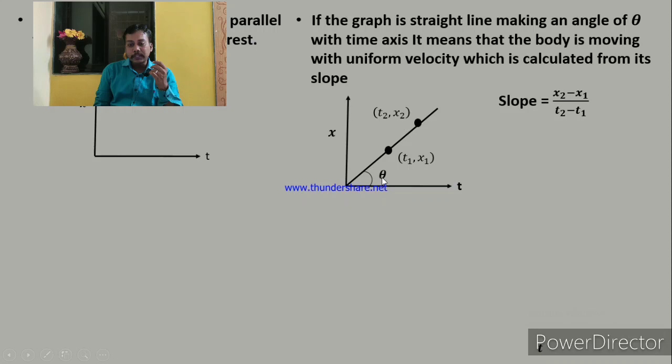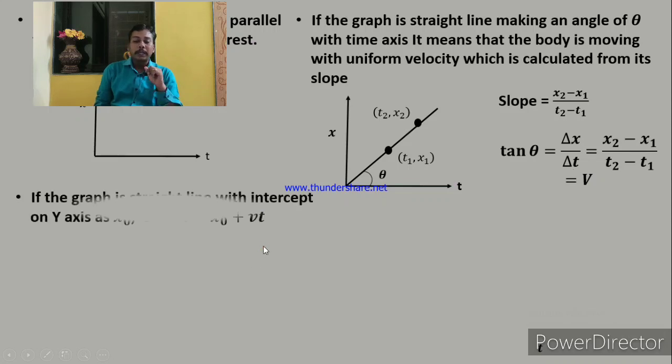If the graph is a straight line making an angle theta with the time axis, the slope is constant. Also tan theta equals x2 minus x1 upon t2 minus t1, that is v, which is delta x upon delta t, the rate of change of displacement with respect to time.